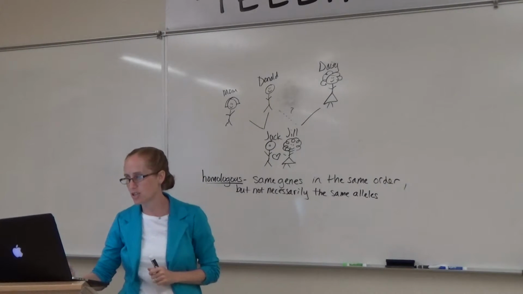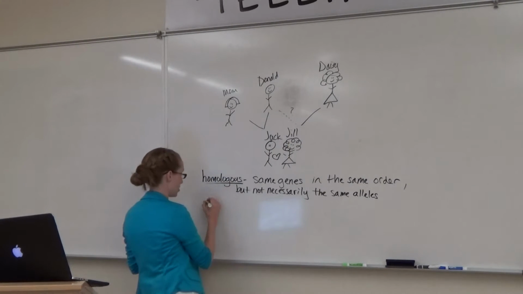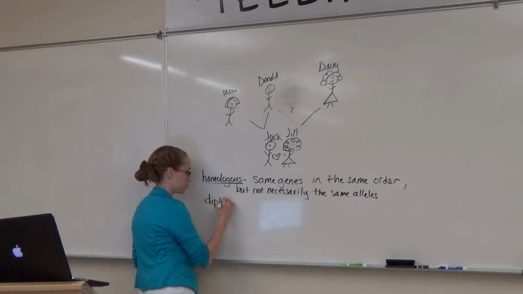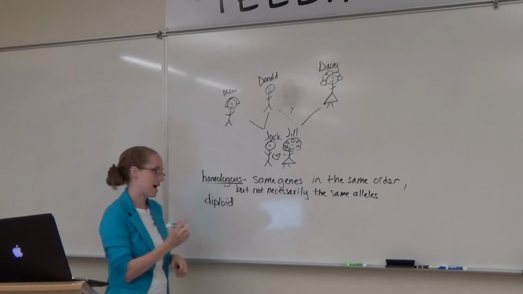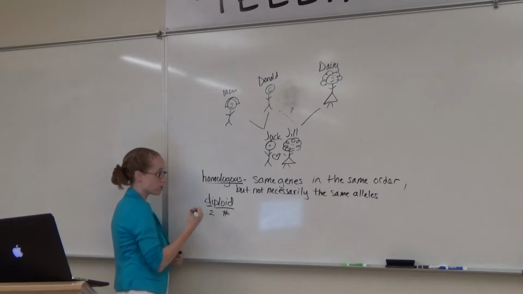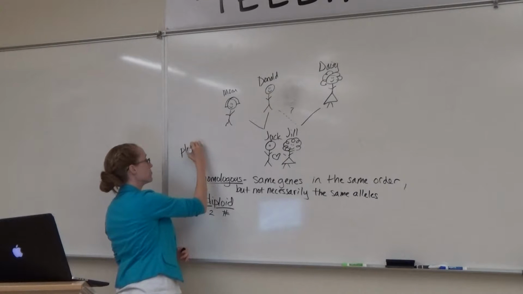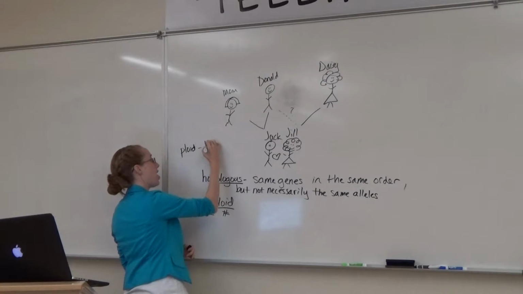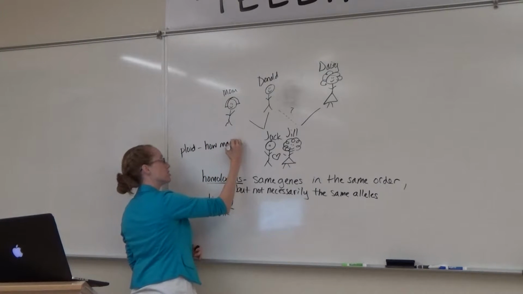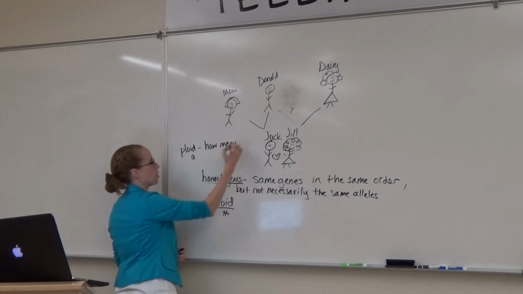In B, it says the term for the number of chromosomes in the original cell is diploid. So you're going to put diploid on the board. And I like to point out that ploid means number, di means 2, so it's 2 numbers. So ploid is really how many chromosomes a parent donates.